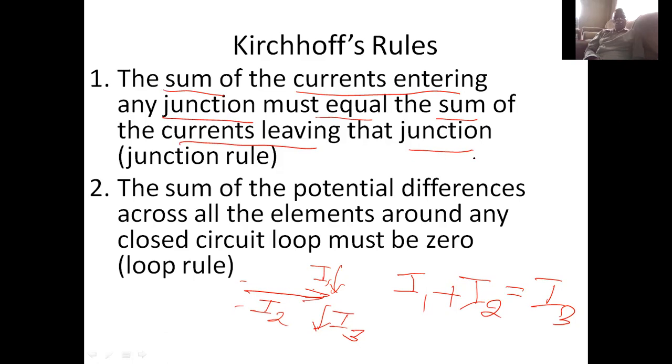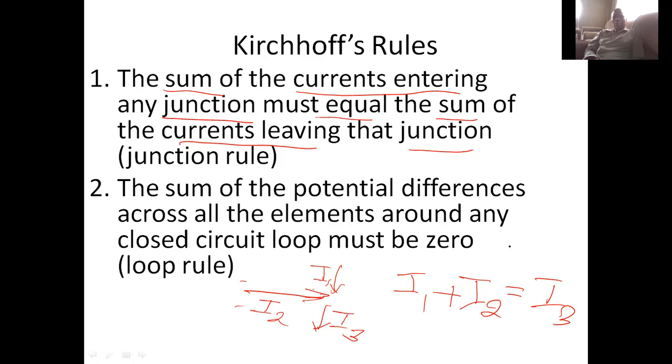The second rule states that the sum of the potential differences across all the elements around any closed circuit loop must be 0.